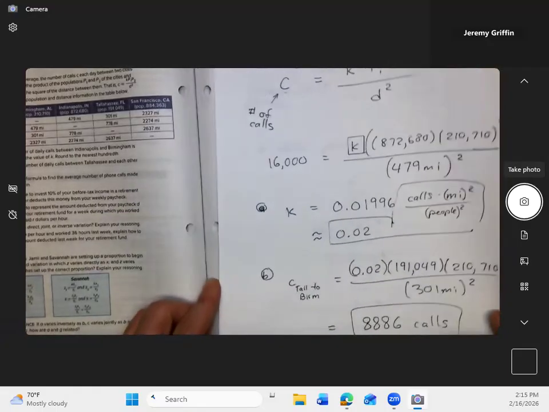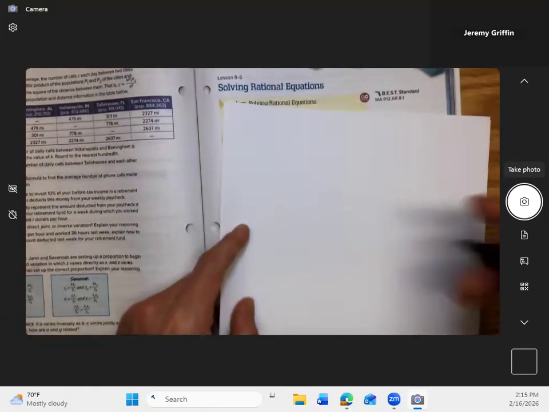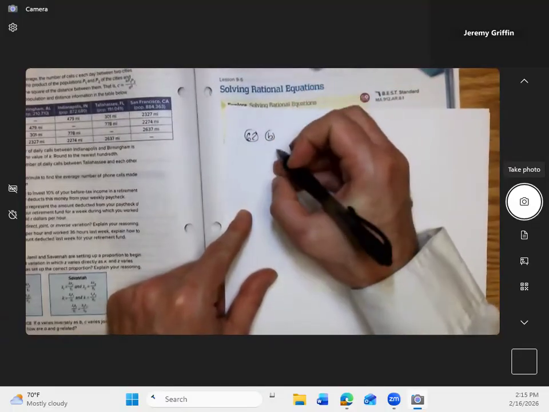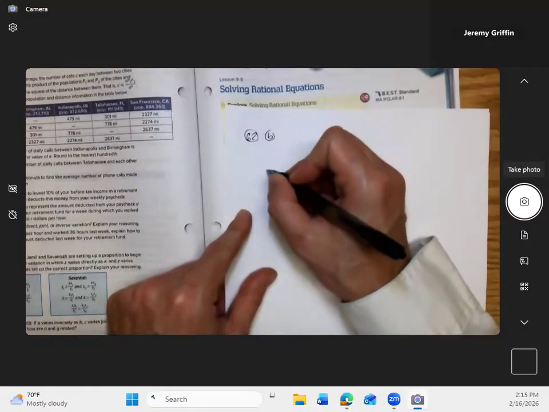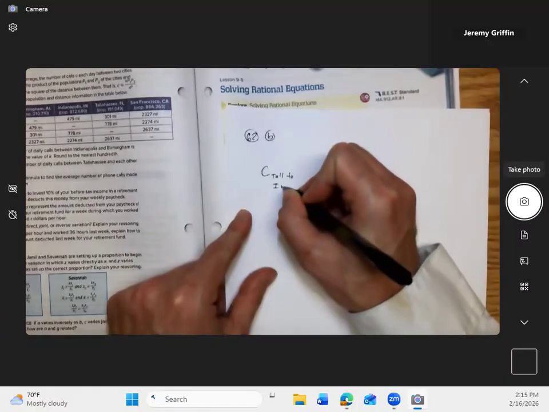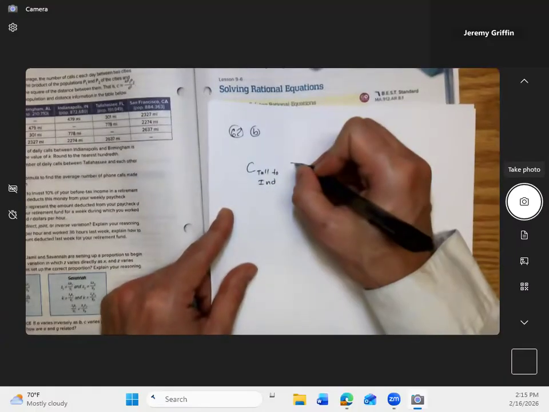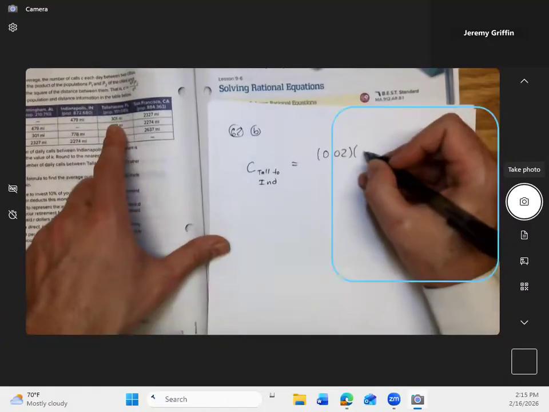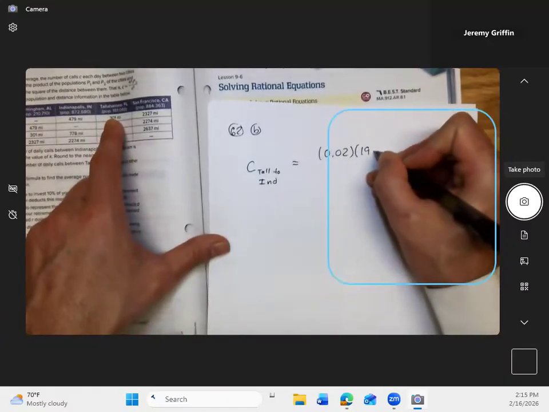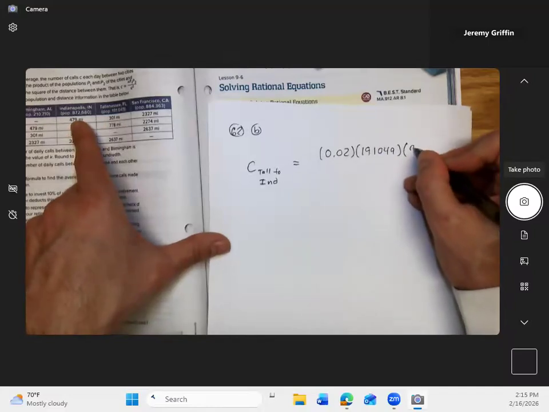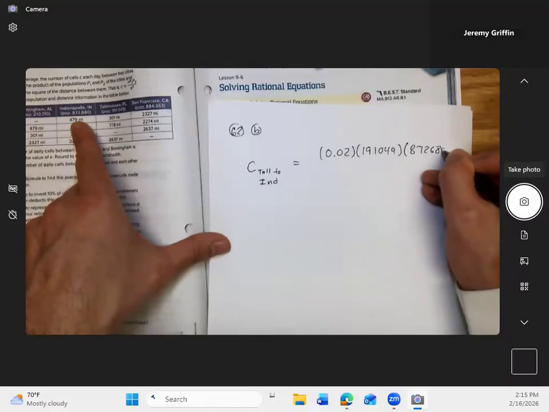Okay. All right, let's do the other two cities you connect to, and then we'll just wrap this up there. All right, so 6.2B continued. How about the calls from Tallahassee to Indianapolis, or vice versa, back and forth calls. So we got a K value of 0.02, population of Tallahassee, 191,049, population of Indianapolis, 872,680.